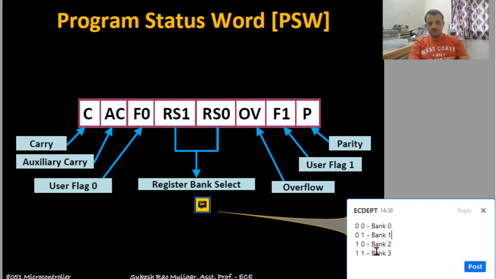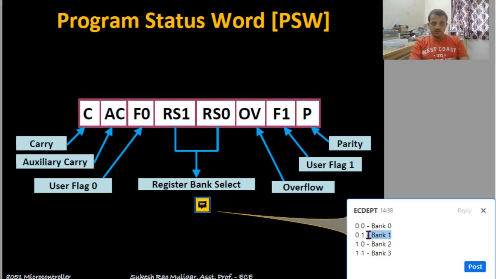So depending on the value of this PSW register, you are selecting a bank so that I can access the value of R0 registers. If I am moving something to R0, it depends on which bank we selected.